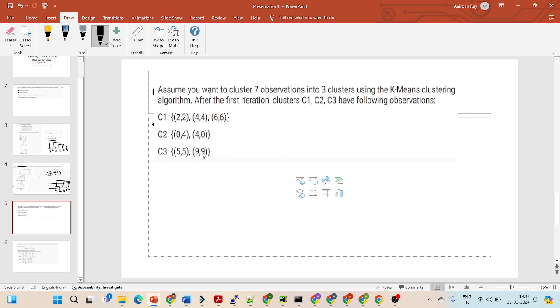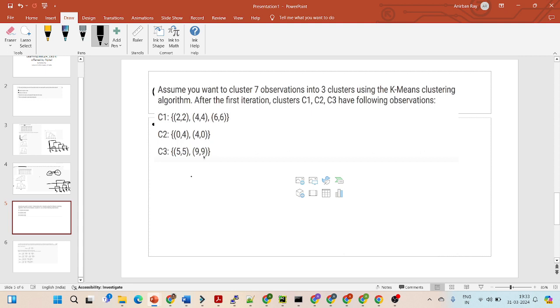Please find the centroid of each of the clusters. Three clusters are given. So how do you do it?